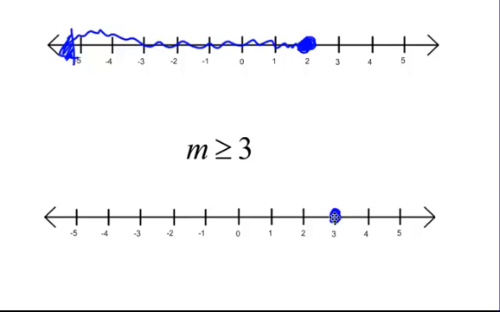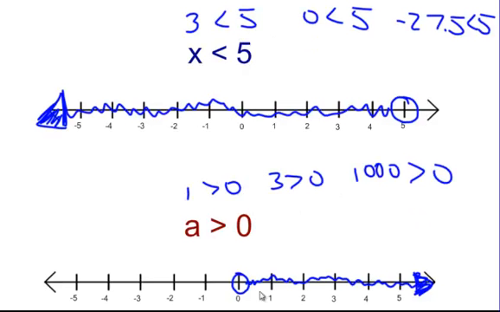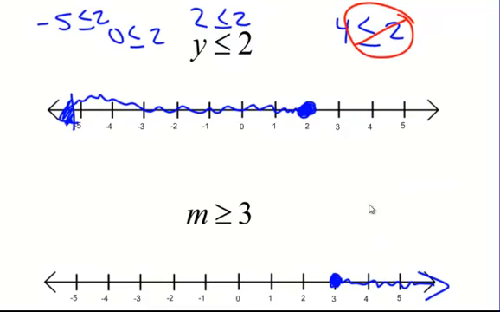So anything greater than 3 has to be shaded, which means 4 and 5. It's greater than or equal to 3, so 3 also is included there. So it's going to go that way. Make sure you copy these down. So remember, when it's just less than or just greater than, it's an open circle. When it's less than or equal to or greater than or equal to, it is a closed circle.